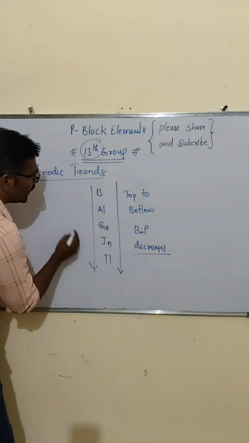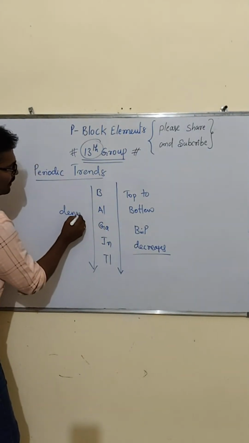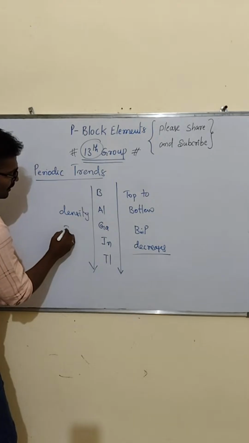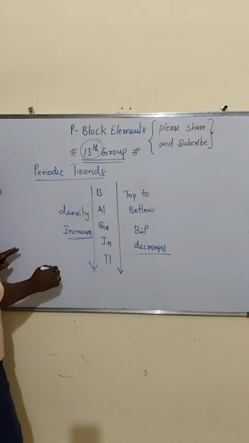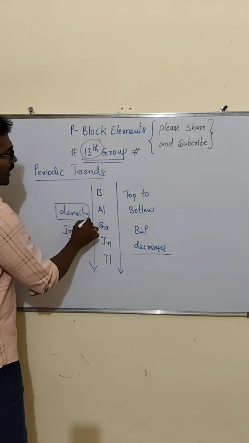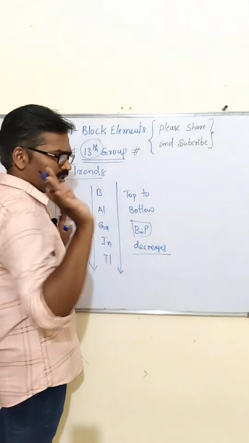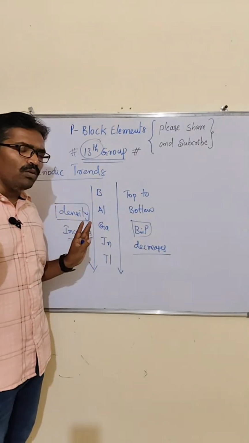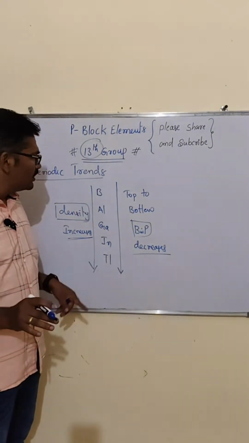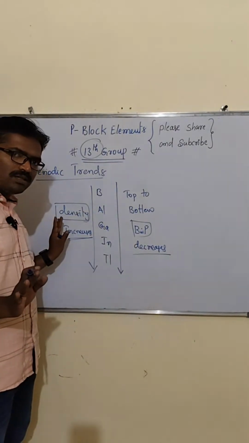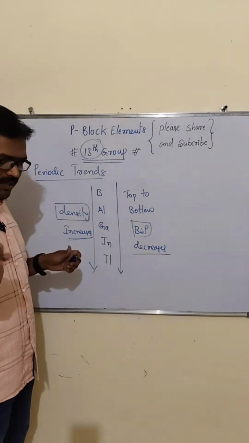Then density increases. These two you have to remember: density and boiling point go straight away. From top to bottom, boiling points decrease and densities increase. Clear, my dear students? Yes.